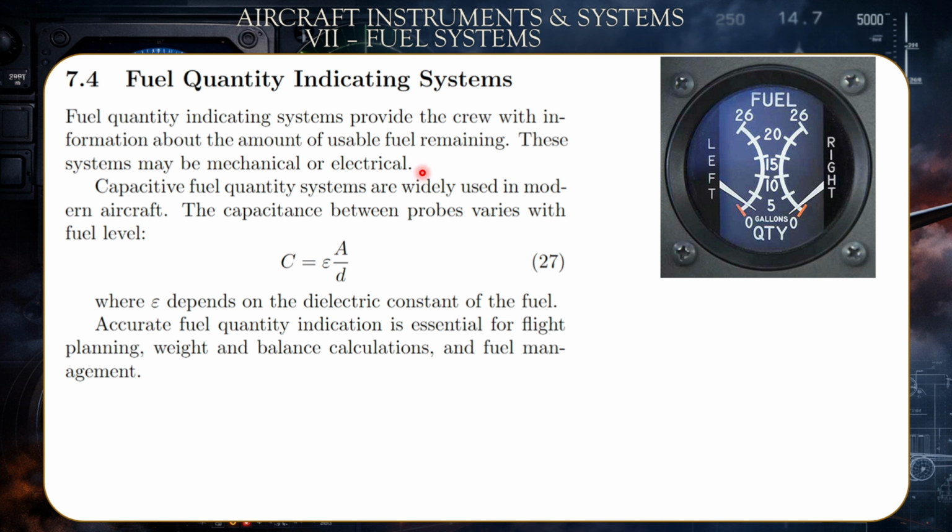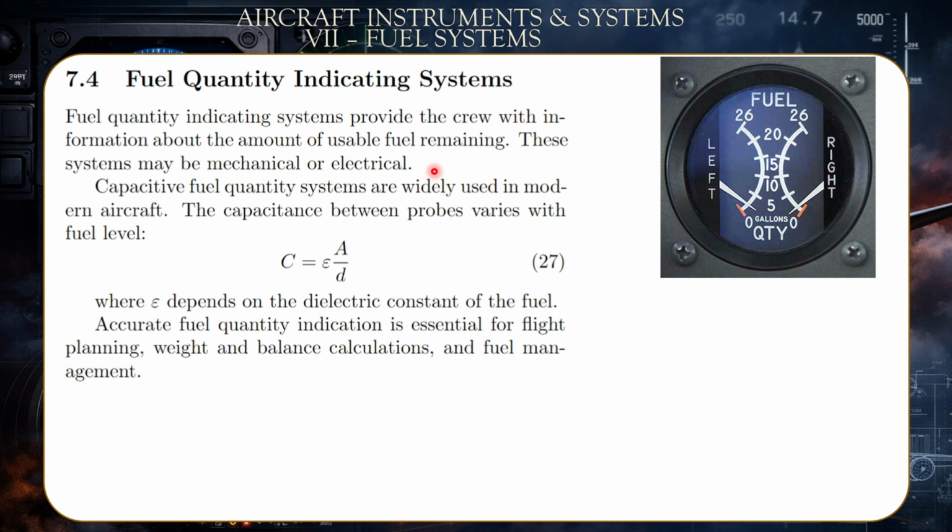Mechanical sensors would be like a floater, a floating part within the fuel tank, or electrical, that would be a sensor that would short the electricity when the fuel is detected. So you would mount multiple sensors at different heights, just like in the mechanical indication system, you would mount different floaters at different heights within the tank.